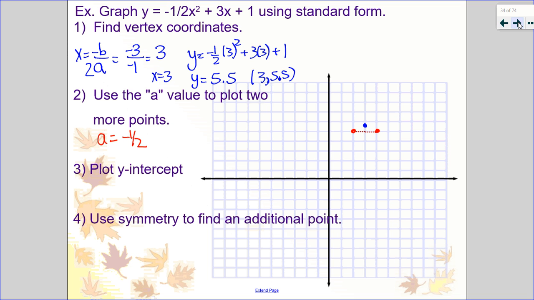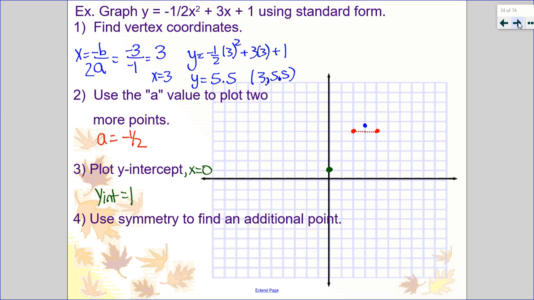Plot my y-intercept. What's the y-intercept? So the y-intercept occurs when x is 0. Yep. So I'm going to graph a y-intercept of 1. And notice for this one, it had a negative a value, so you went down to get to the other 2 points instead of going up.